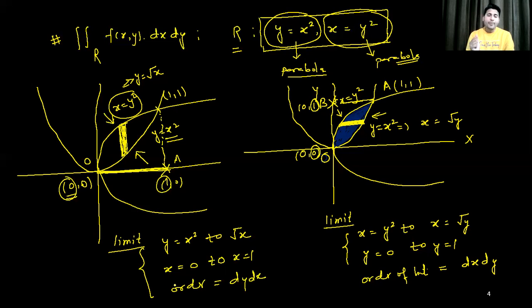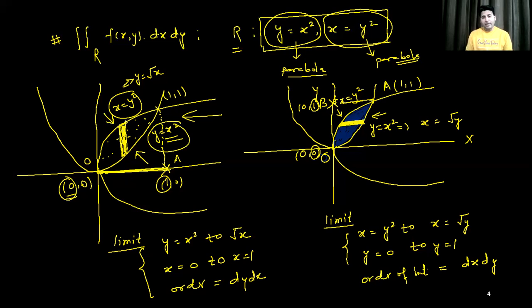Once again, what I'm saying, when I'm rotating the strip inside the region, starting and terminating curve will not be changed. For example, if I am seeing just this strip parallel to y-axis, and I am rotating it from here to here within the region, it always starts from y equal to x square and terminates at x equal to y square. This is the necessary condition.